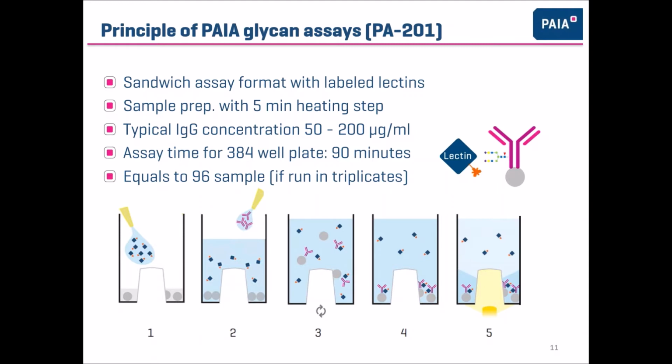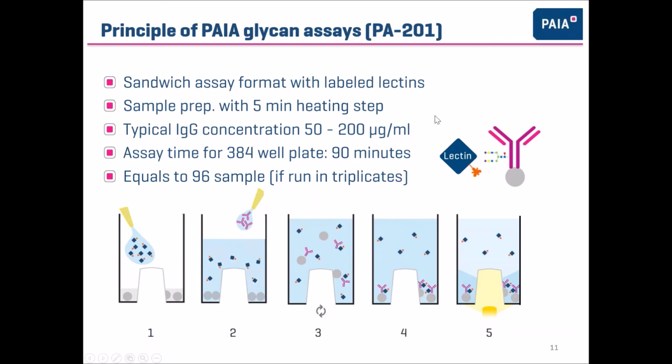As I mentioned briefly in the introduction, it's a bead-based assay, and in this glycan assay, we use a sandwich format. So we have a capture bead that captures the IgG, and then you have the glycan sitting on the Fc part of the antibody, and then we use fluorescence labeled lectins to bind and detect these glycans.